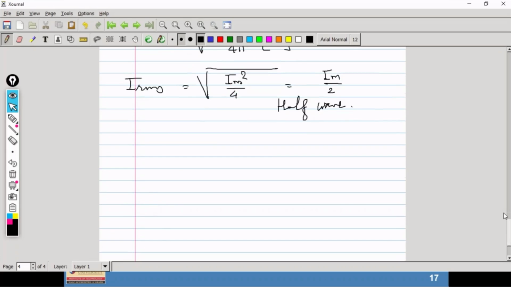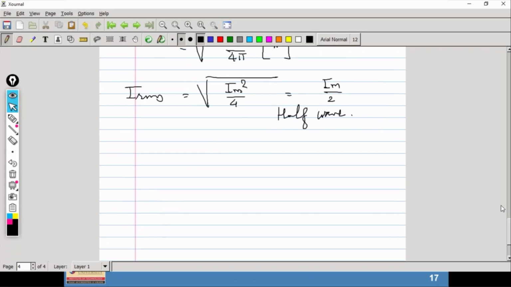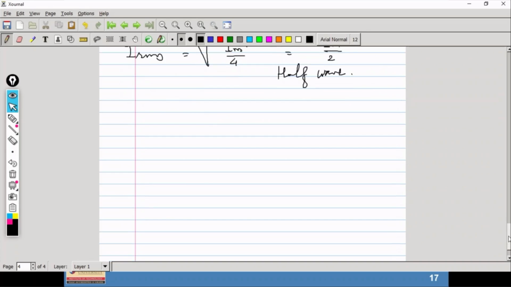Fine. Okay. Similarly, you can find the average value for half wave. Yes or no? So the average value is always taken from the range 0 to pi. Okay. And you can find this value. So I hope this would be easy for you to understand. Fine.